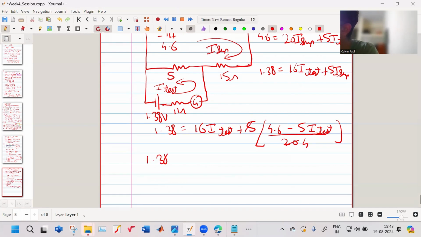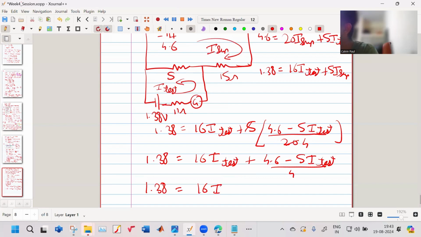It is 1.38 is equal to 16 into I test plus 4.6 minus 5 I test upon 4. So your 1.38 is equal to 16 into I test plus 4.6 divided by 4.